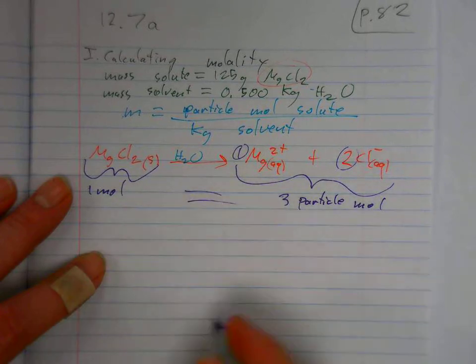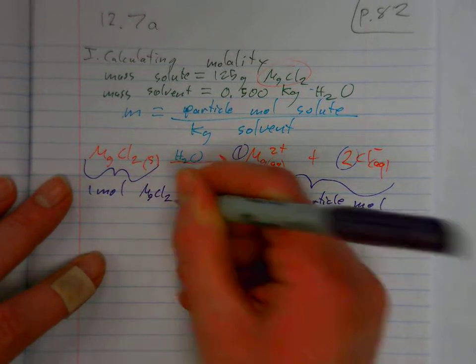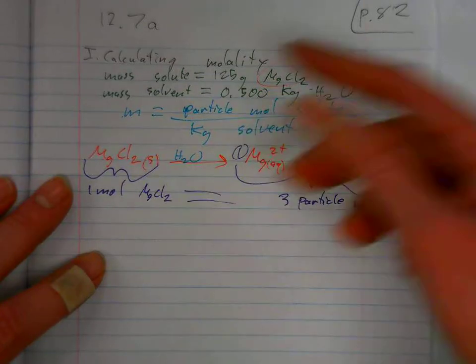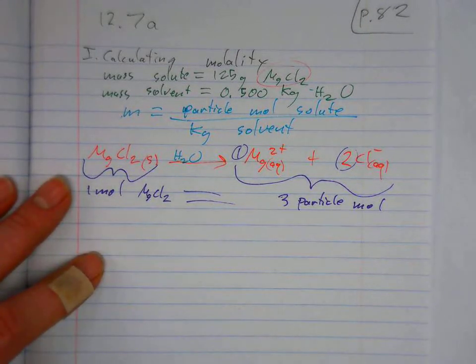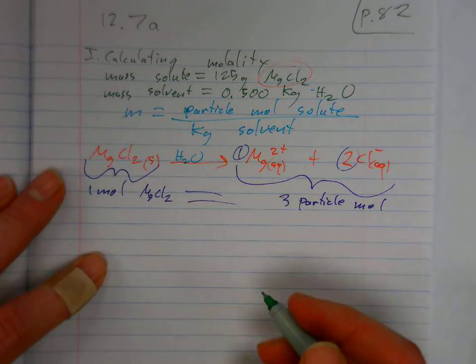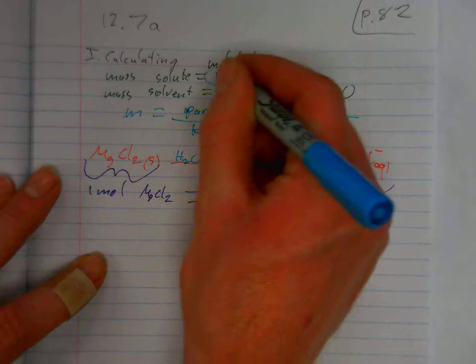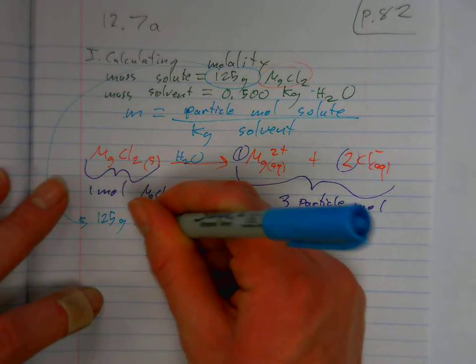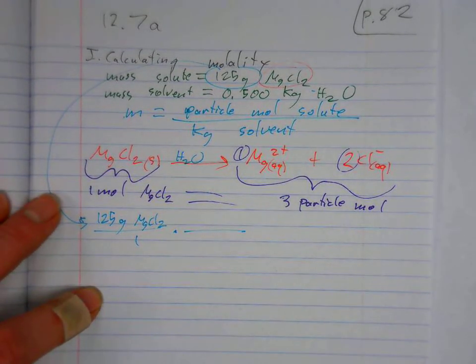So with this link, we can now figure out the number of particle moles in 125 grams of magnesium chloride. So we set it up. We can start with our 125 grams MgCl2. We'll need the molar mass to convert that to moles. The molar mass is 95.3 grams MgCl2 per mole.